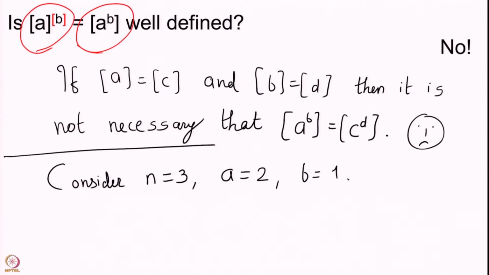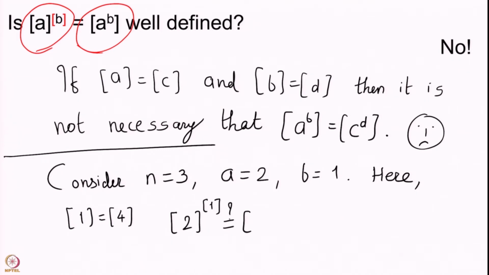Okay. Now, modulo 3, the class of 1 is the class of 4, because 1 is congruent to 4 modulo 3. And now, if I want to take the power of this, we want to know whether these two are the same.